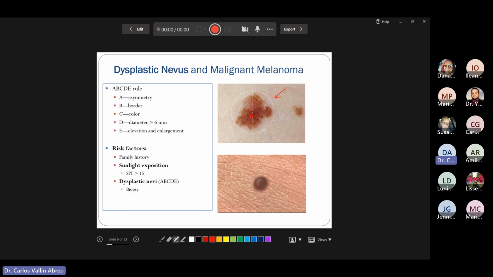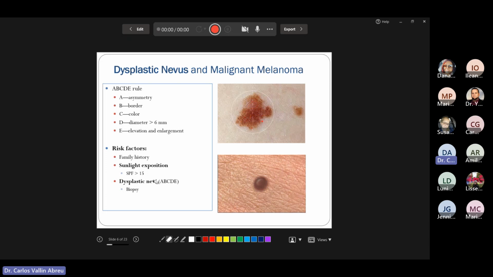Here it is dark brown, here it has a pink hue, here a greenish coloration. There are different degrees of darkness of the brown color. Here, the color is uniform, even, the same all over the lesion. That's the C of color.